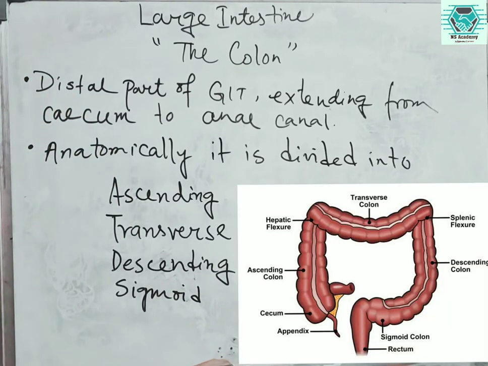In the diagram we can see the parts: ascending, transverse, descending and sigmoid.